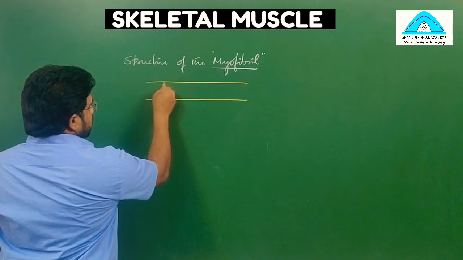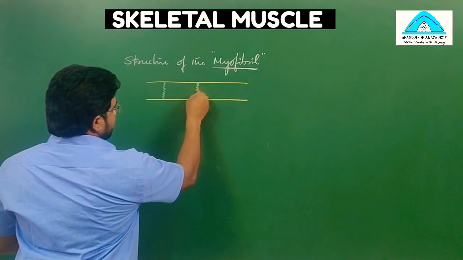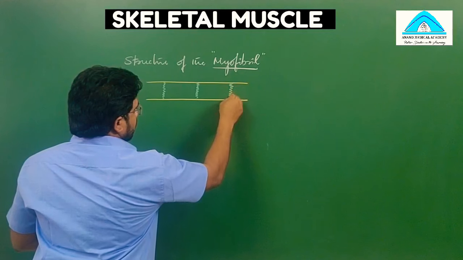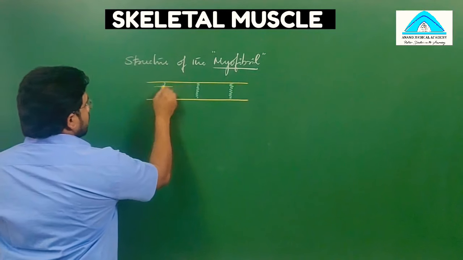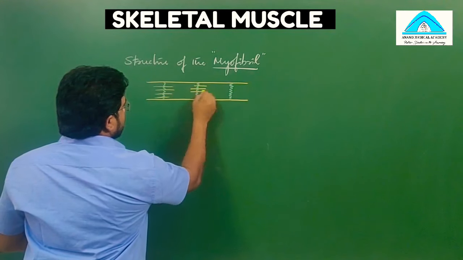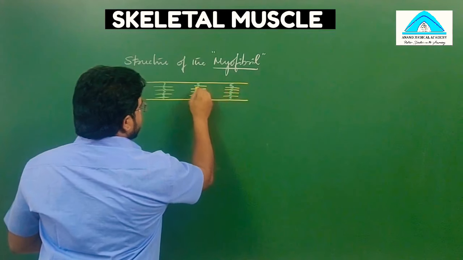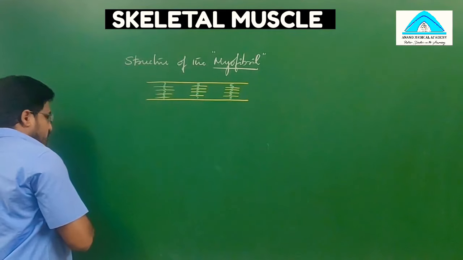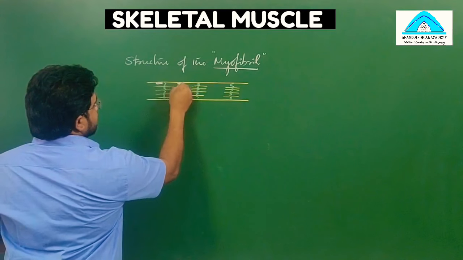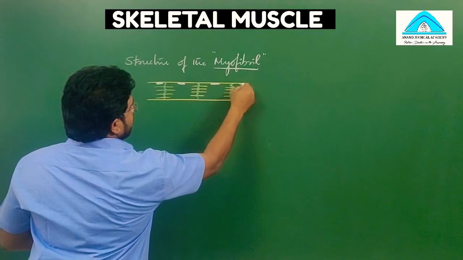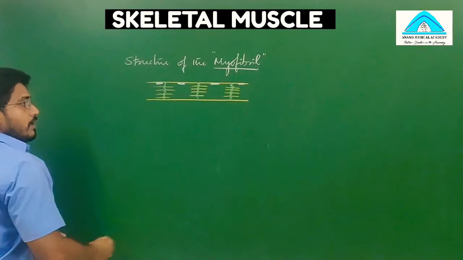It is striped, so it has some cross lines. Using the electron microscope, you can see this kind of structure, and it has many nuclei. All these nuclei are at the corner. That's why they are called peripheral.